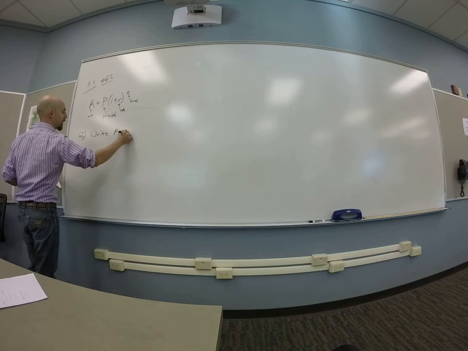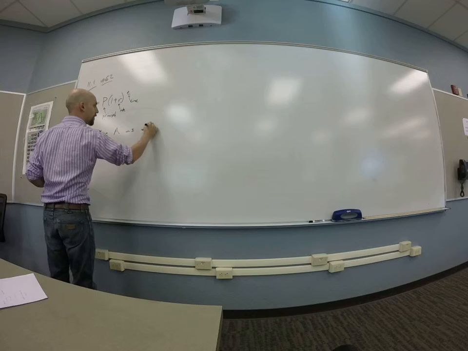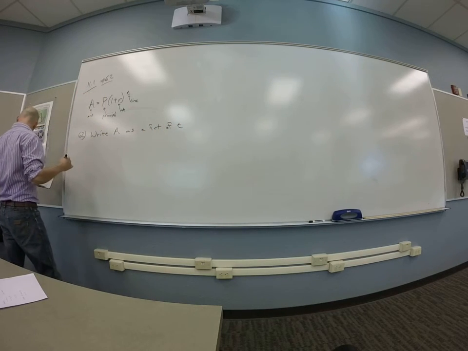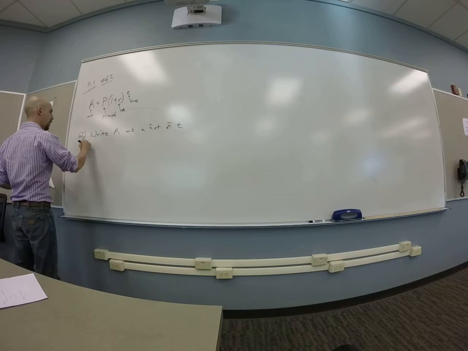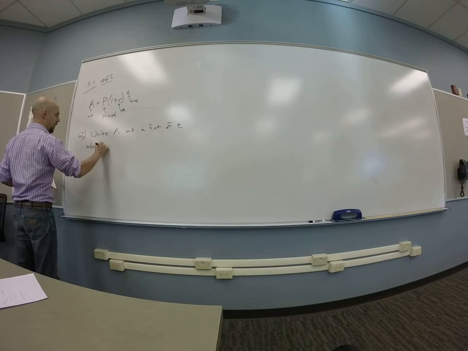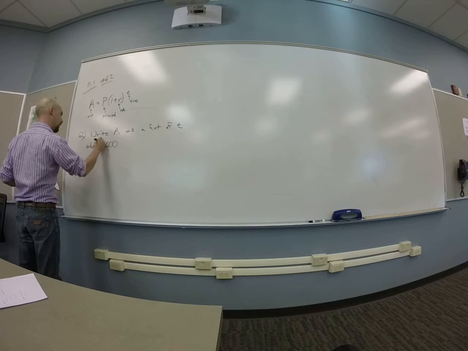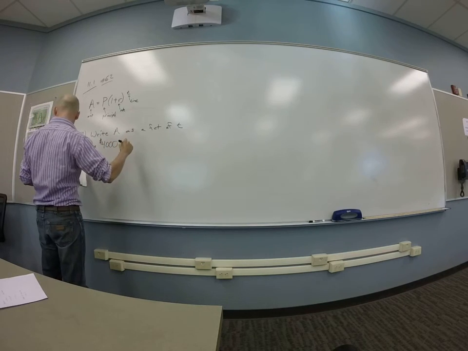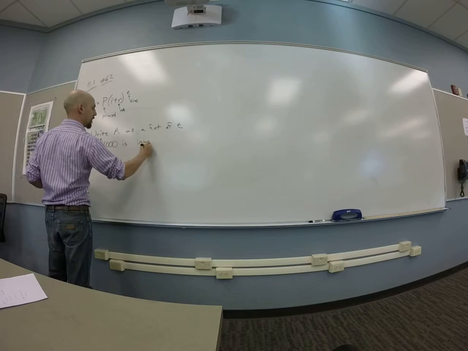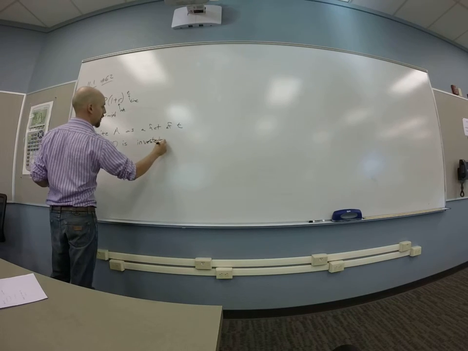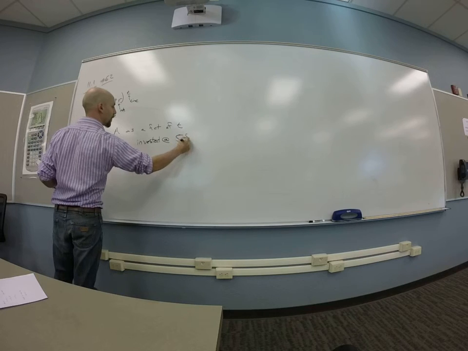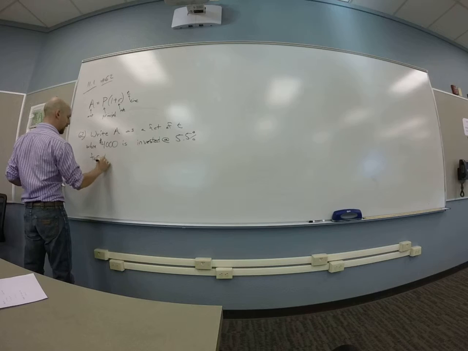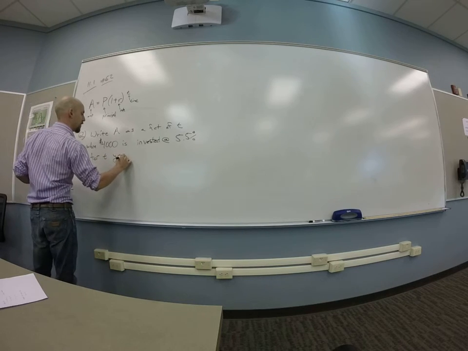So then at 62, they tell me to write A as a function of T when $4,000 is invested at 5.5% for T years.